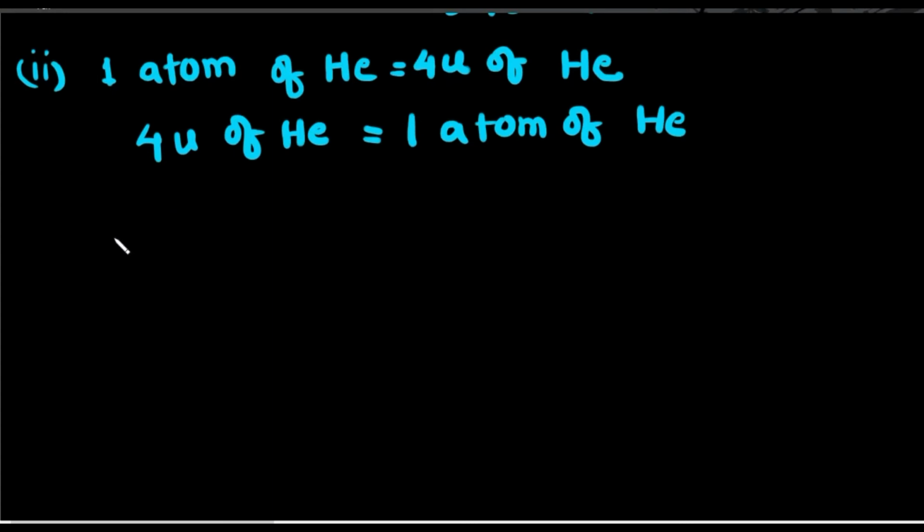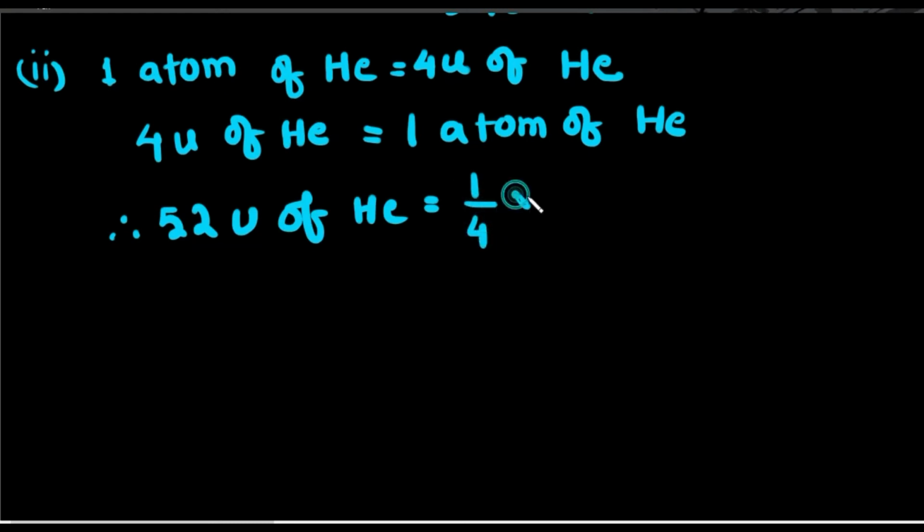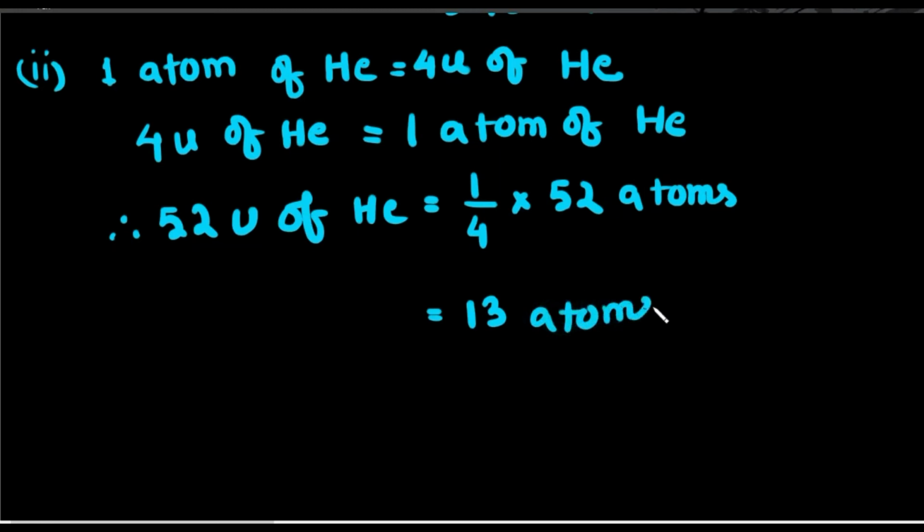Therefore, 52 atomic mass unit of helium will be equal to 1 by 4 into 52 atoms, which is equal to 13 atoms. Therefore, 52 atomic mass unit of helium contains 13 atoms.